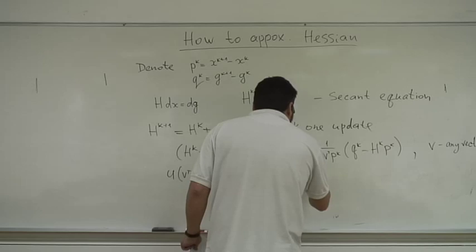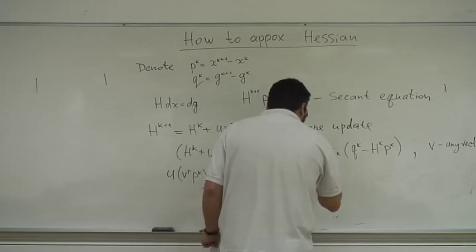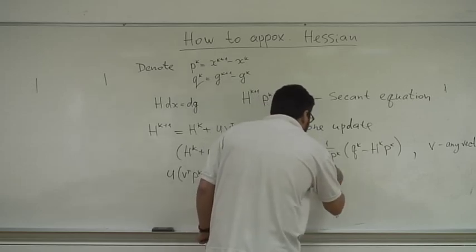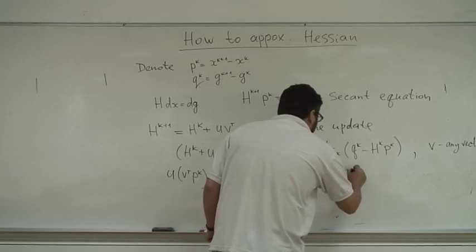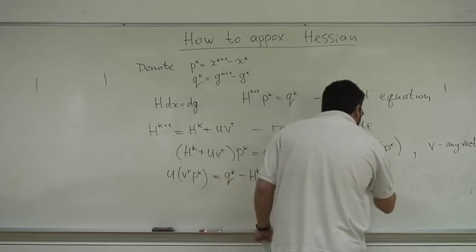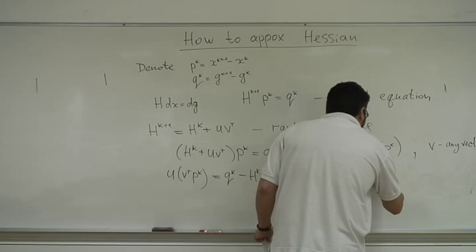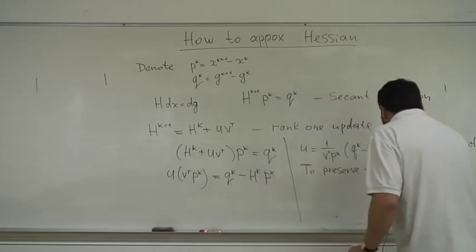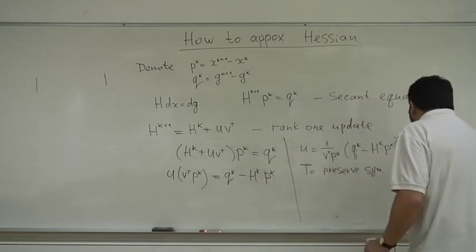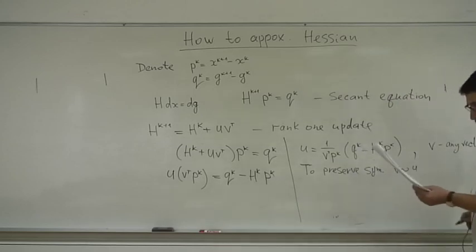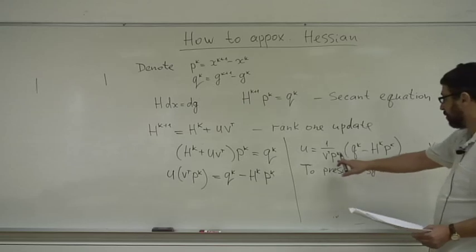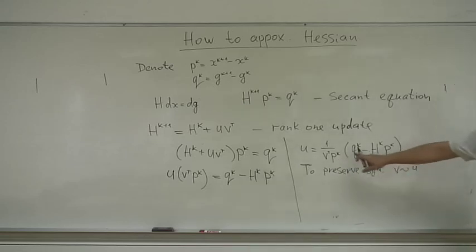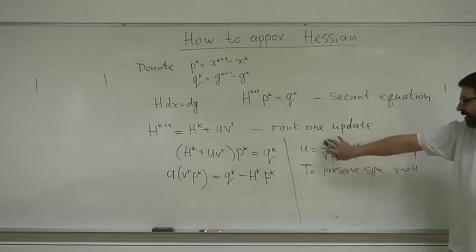So to preserve symmetry, v should be proportional to u. And u is this expression multiplied by this scalar. This is a scalar.